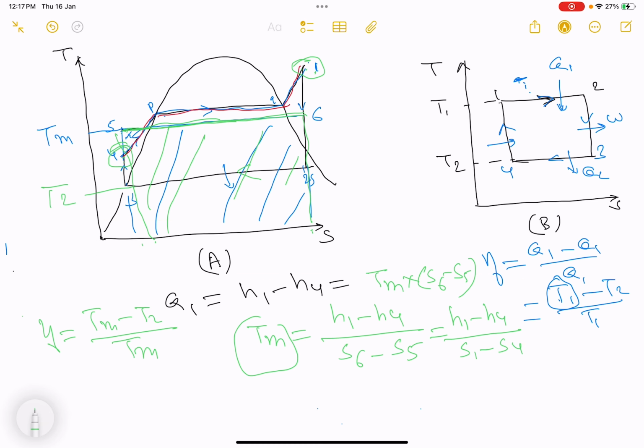So basically we have drawn an equivalent diagram of a Rankine cycle in the form of a Carnot cycle. You can see that the efficiency is Tm minus T2 by Tm, and Tm is the mean temperature of heat addition. The higher the mean temperature of heat addition, the higher the efficiency of this Rankine cycle. Thank you.